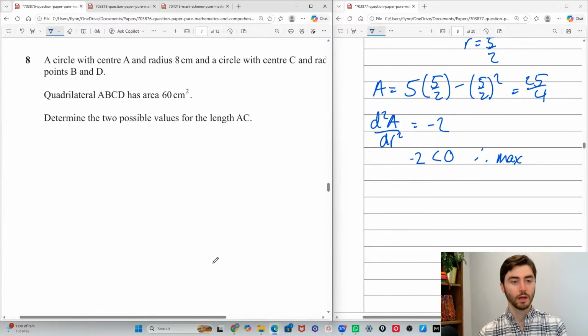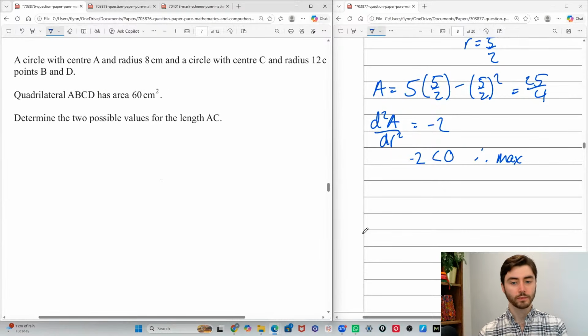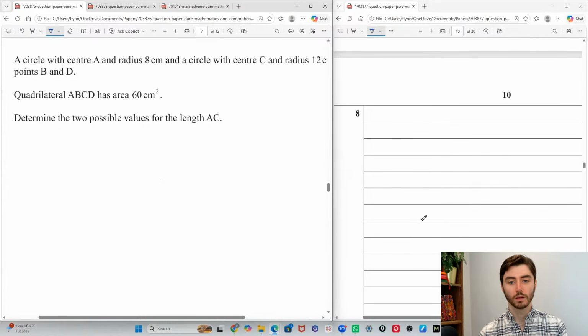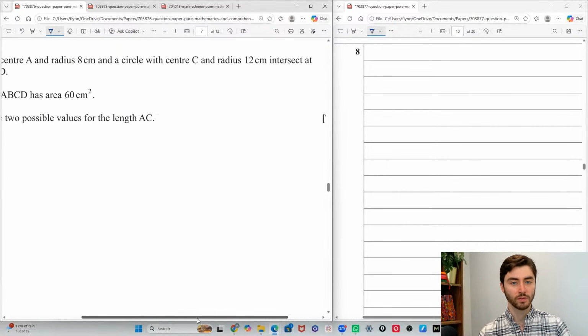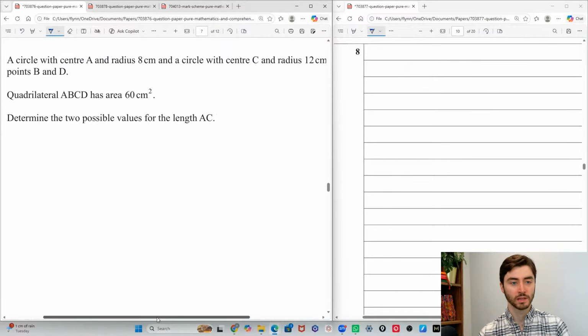Okay. Question 8. A circle with center A and radius 8, and a circle with center C and radius 12 intersect at points B and D. This is interesting.